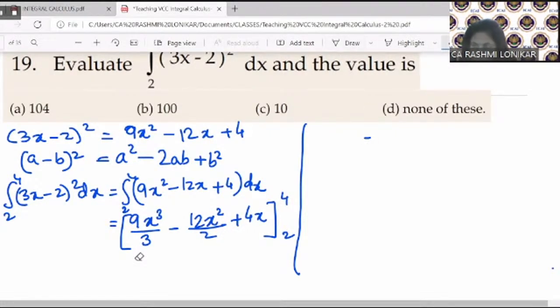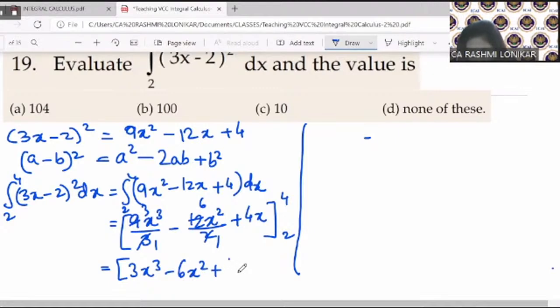Now what is this? 3 ones are 3, 3 threes are 9, 2 ones are 2, 2 sixes are 12. So this is equal to 3x cube minus 6x square plus 4x going from 2 to 4.